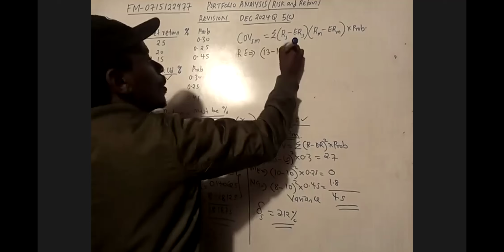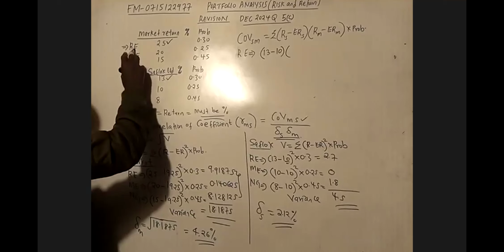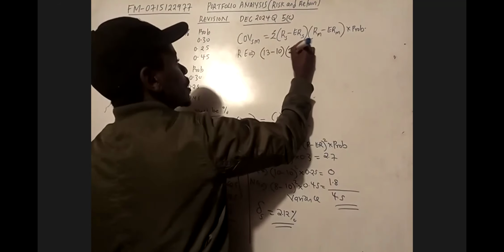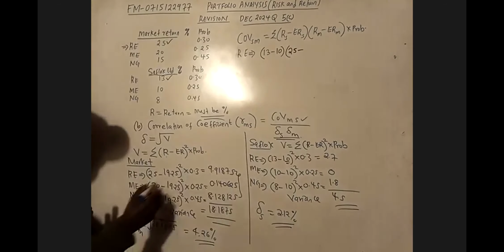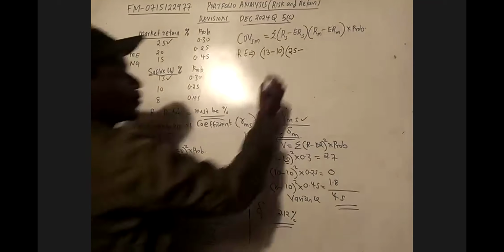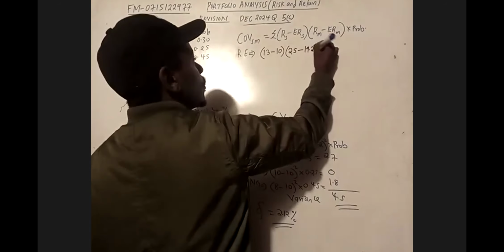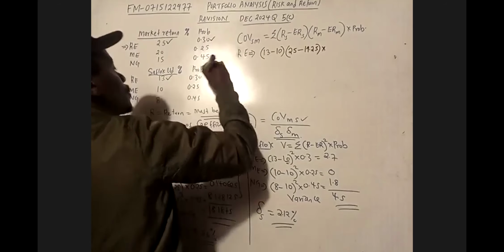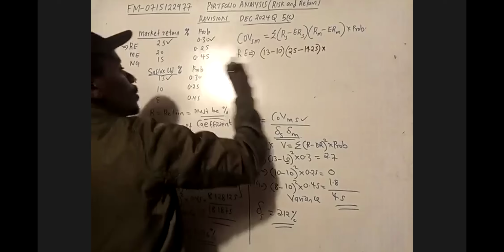Then when we go to the market, the return in the rapid expansion is 25. 25 minus the expected return, which was 19.25. Then we multiply with the probability, which is the same 0.3.